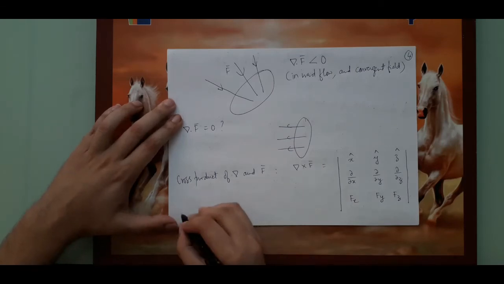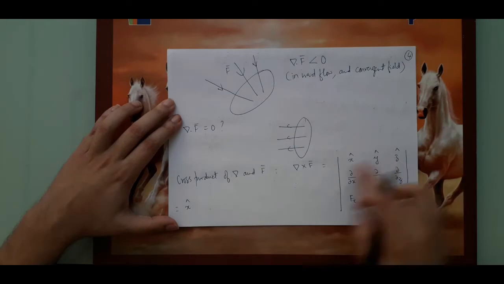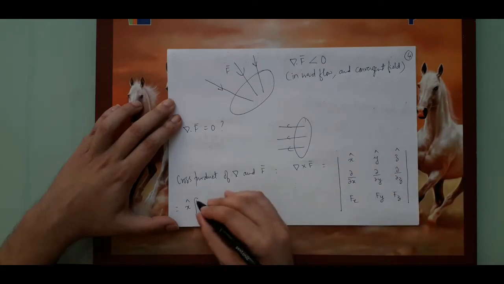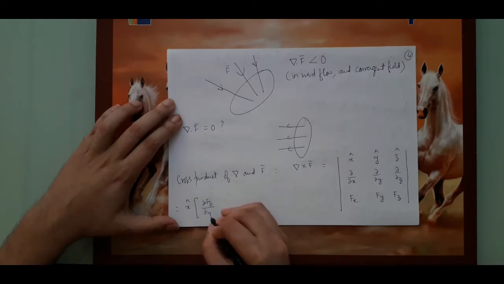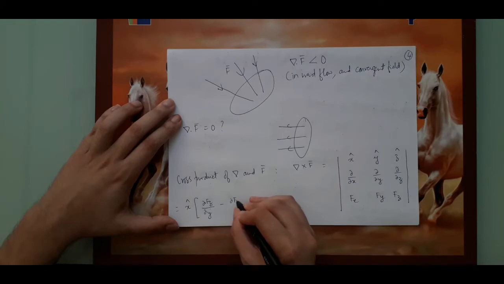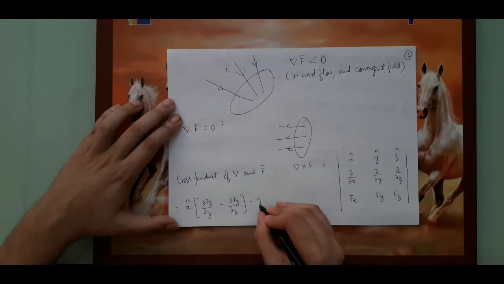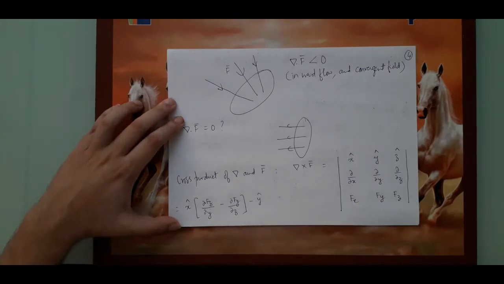So this can be opened up in this form, x hat followed by this determinant, minus y hat, and so on.